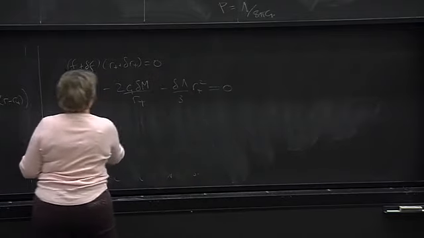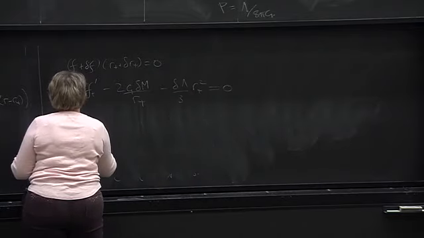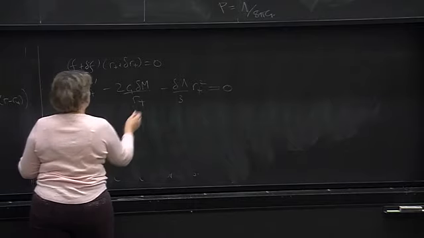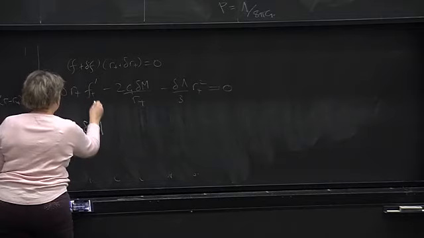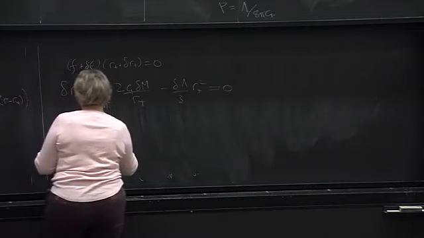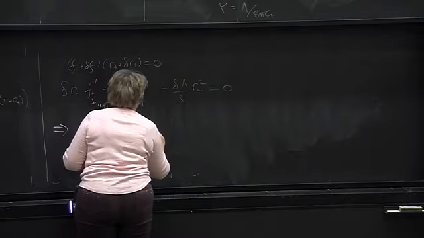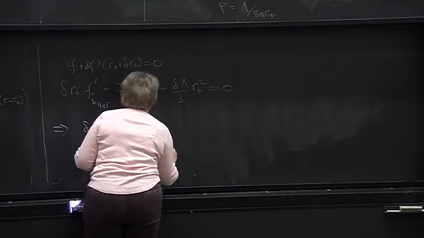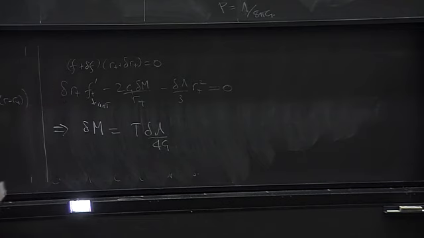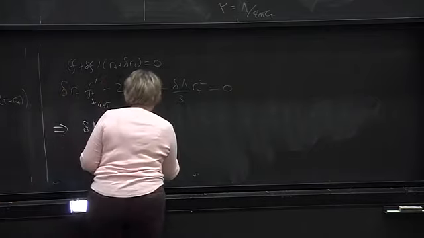If I rearrange this, I get delta M. Here my f' at r plus is, of course, 4 pi T. My delta r plus is related to the change in area of the event horizon, because here r is indeed the areal radius. So I get T delta S.